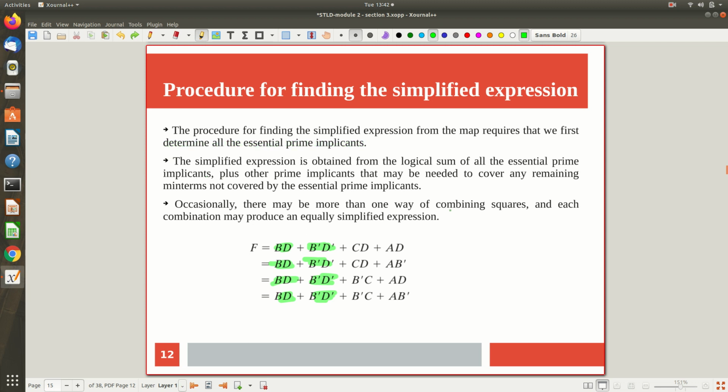Occasionally there may be more than one way of combining the squares, and each combination may produce an equally simplified expression. That is a speciality.